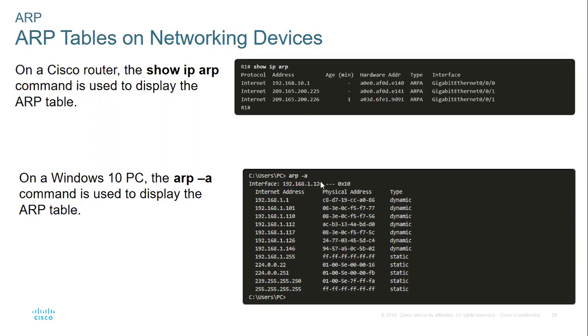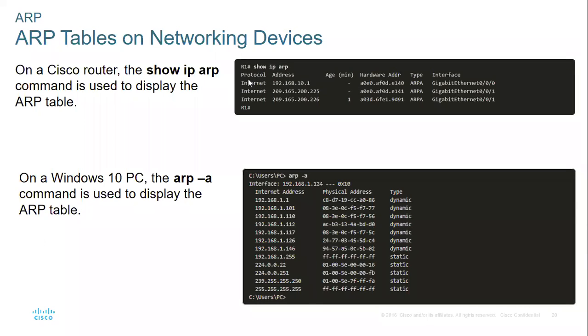-a. On a router, okay, how do you see this table? You go to what is known as the privileged mode, and then you key in the command show ip arp.